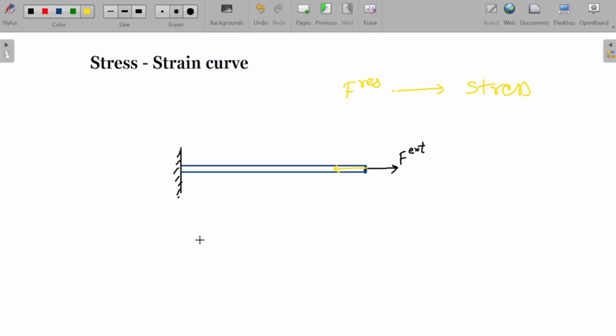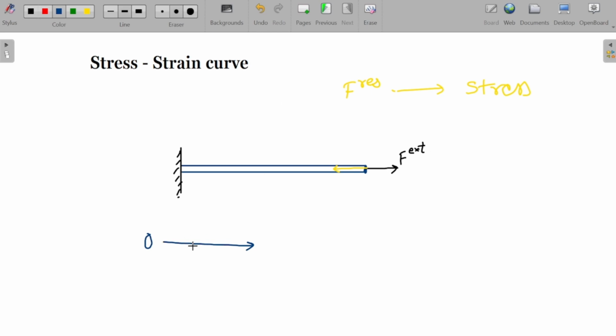Let's start with some point O, and we increase the external force, which gives rise to stress, as there will be a restoring force here. So with increasing external force there will be an increase in stress also.